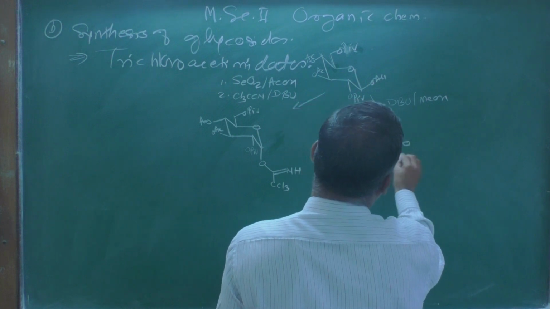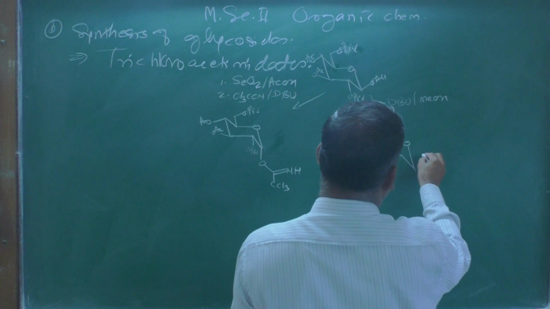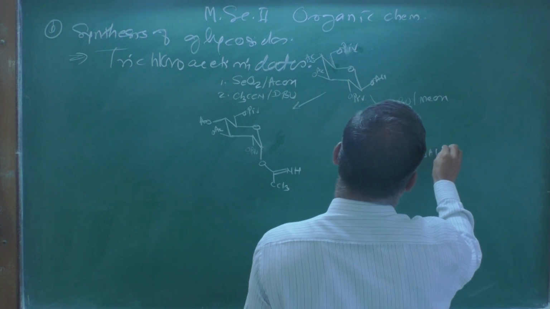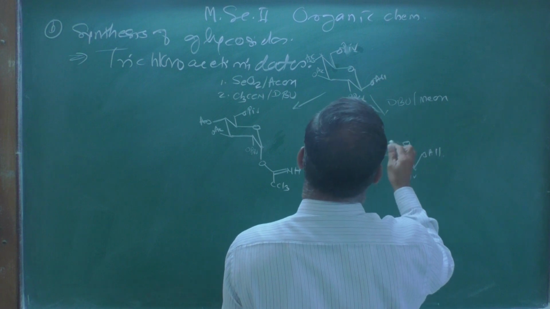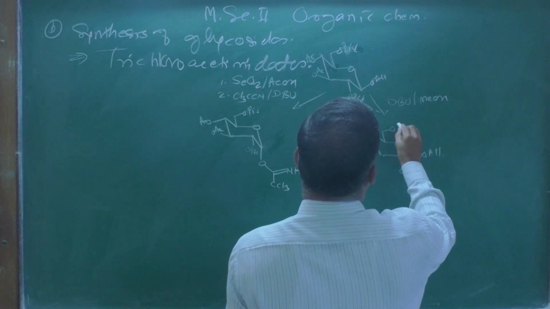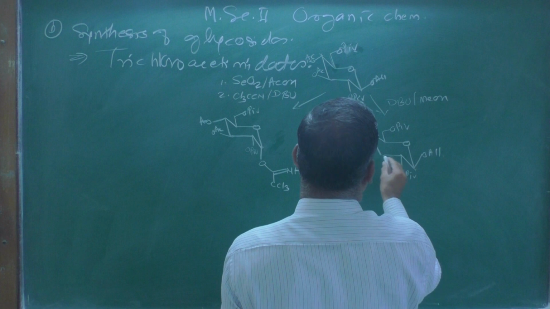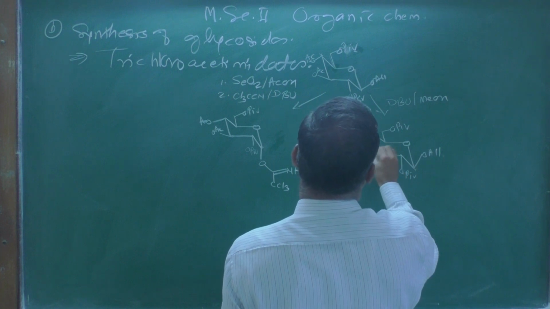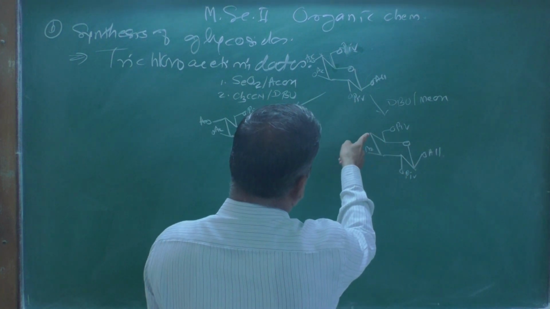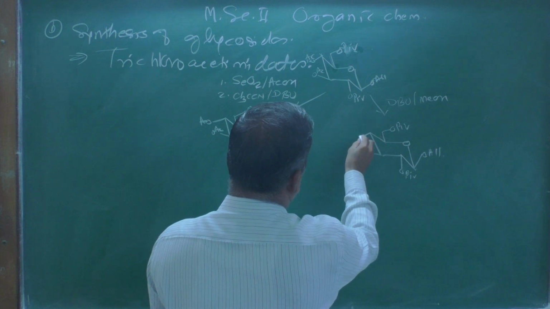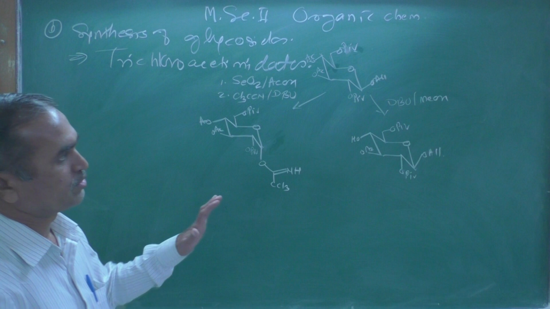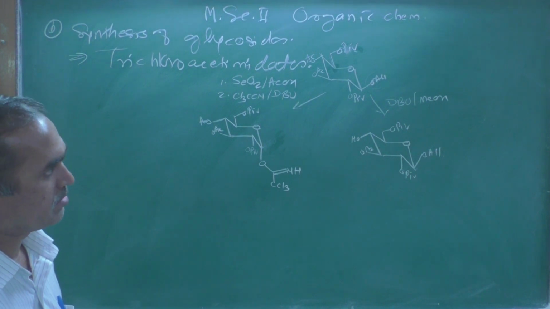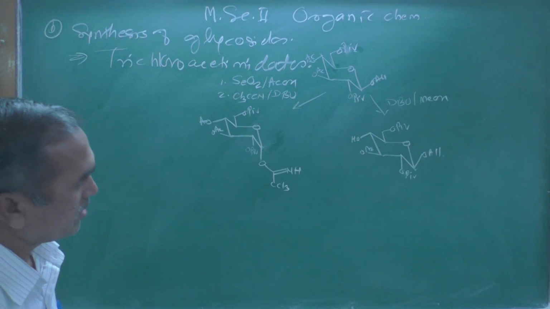Now remember, the other things remain as they are: O-allyl, and here O-PIV, and here also O-PIV, and here also OAc remains, only that position changes. So at this position it becomes a hydroxyl group, OH. That is what is happening here.